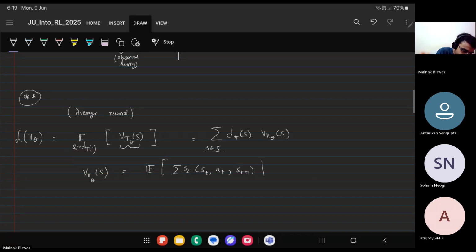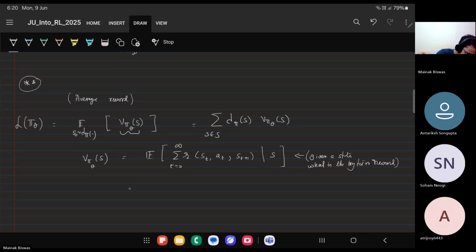You're right. This is how it is defined, right? Given a state, what is the long term reward? Okay. So now this is basically the expected value of, again, I can condition on another random variable over here. I will not do the trick for this case. I will just write the Bellman equation.